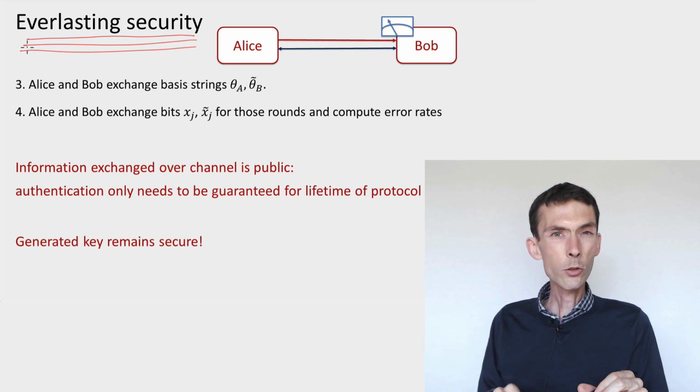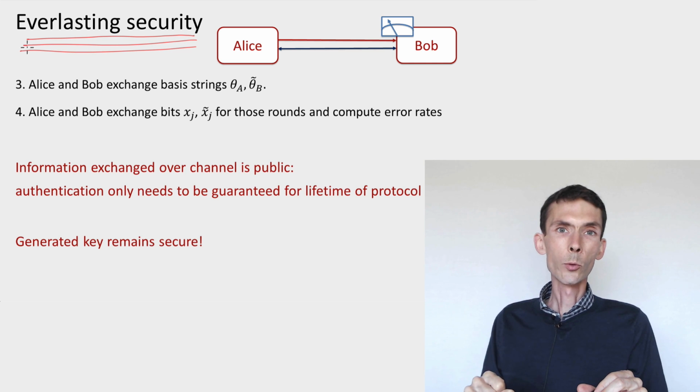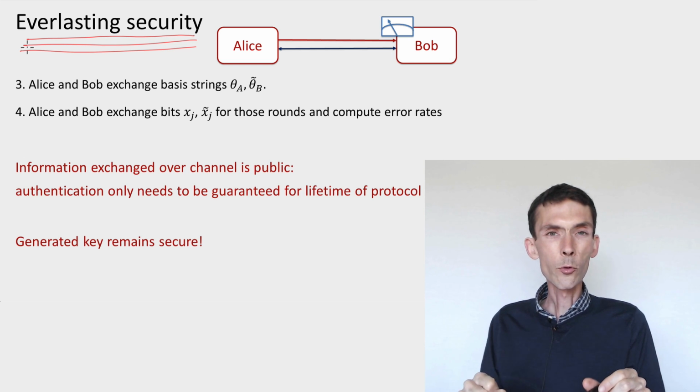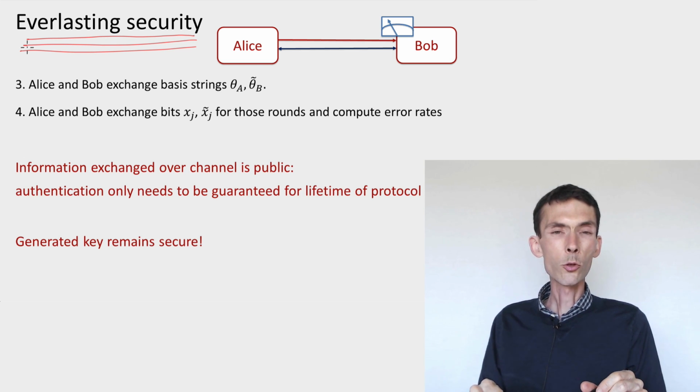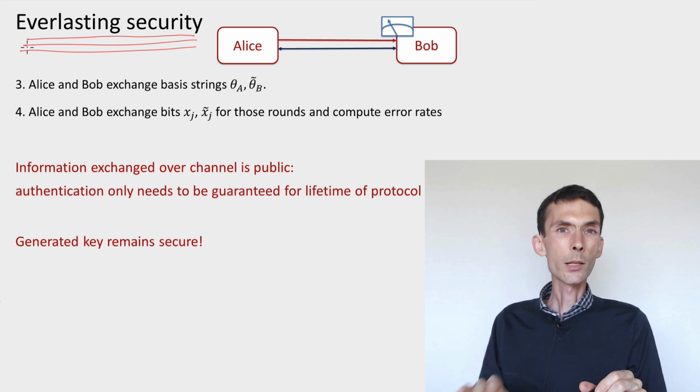On the other hand, because of this property of everlasting security, you only need the computational assumption to hold for the lifetime of the protocol. And there it's reasonable to say that even if the adversary has quite some amount of computing power, it's not going to be able to break the authenticated channel just in the lifetime of the protocol. This protocol is going to be executed rather quickly, maybe it'll take just a few minutes. And so we're making the assumption that the authenticated channel can remain secure for just a few minutes. That's a fairly weak assumption.